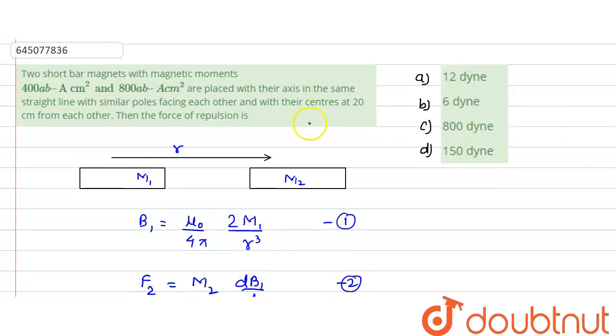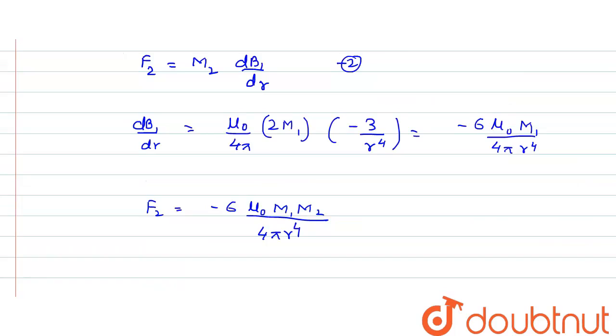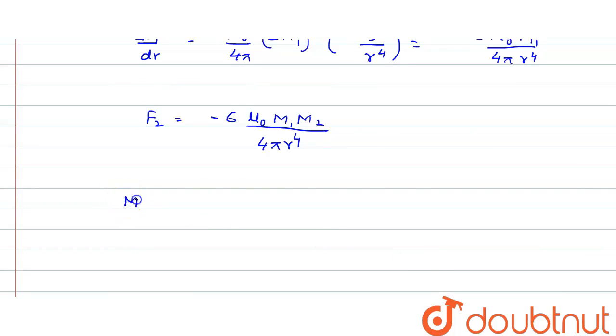Now the values of m1 and m2 are given: m1 is 400 ampere centimeter square and m2 is 800. For m1, which is 400 ampere centimeter square, multiplying by 10 to the power minus 4 converts centimeter square into meter square.